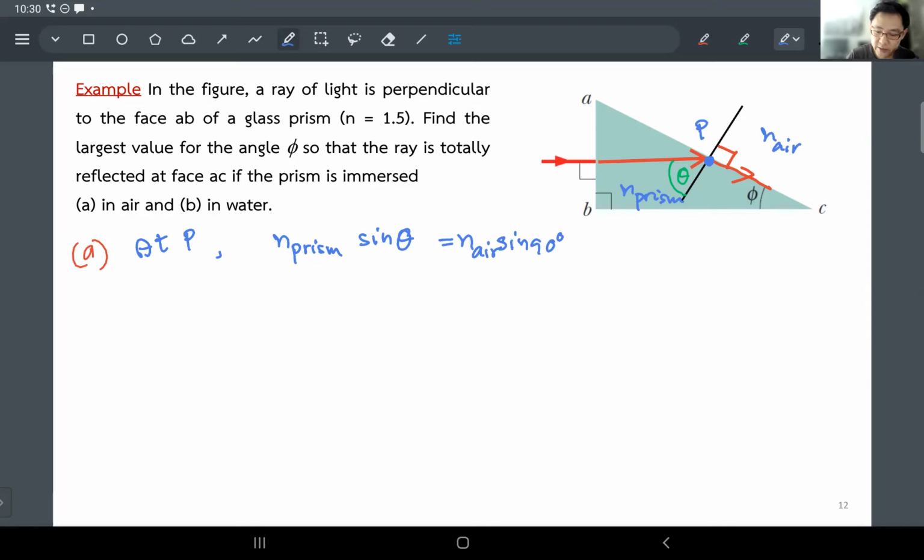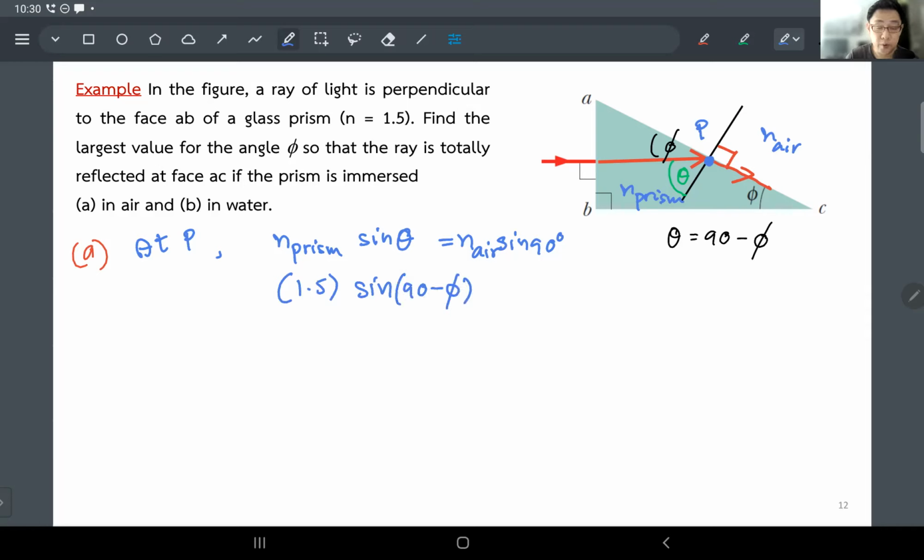The reason is, of course, when you look at this one, this must be phi as well. So that means theta is going to be 90 degrees minus phi. That's no problem. That allows you to write n prism. Let me substitute the numbers in there: 1.5, and then you can turn theta into 90 minus phi.